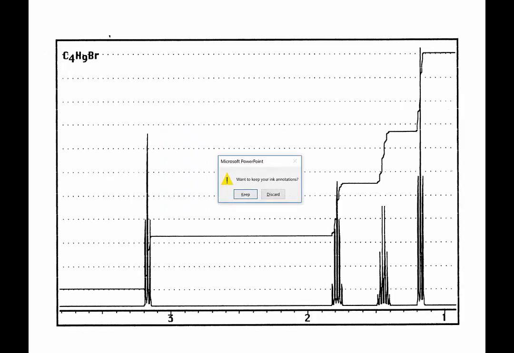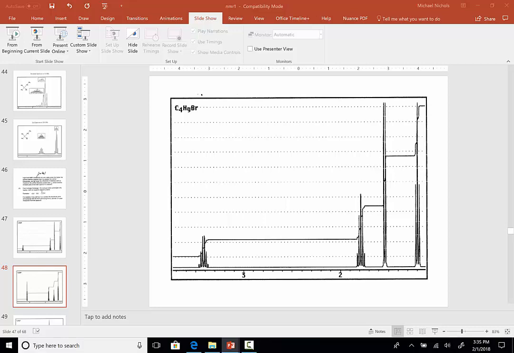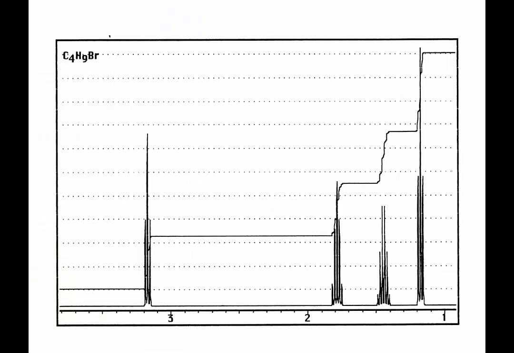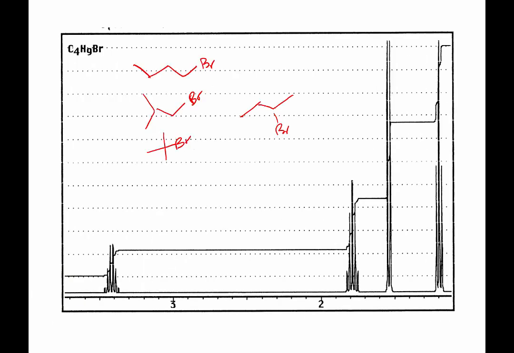I would have stuck with the 1. I've got 3 CH3s. Are all 3 CH3s equivalent to each other? Yes? No?